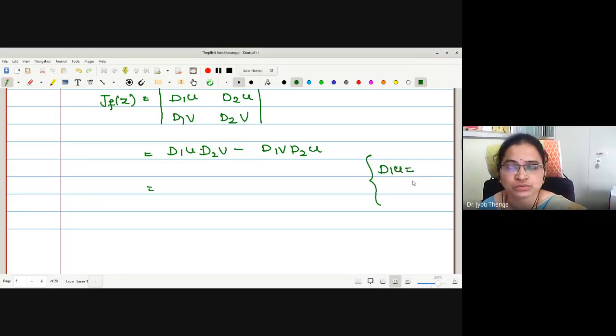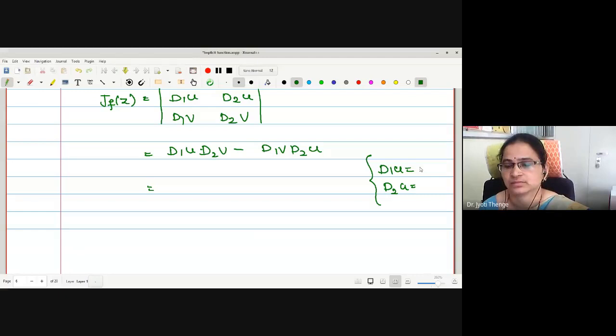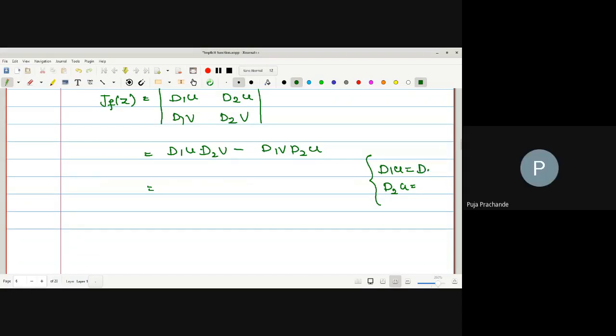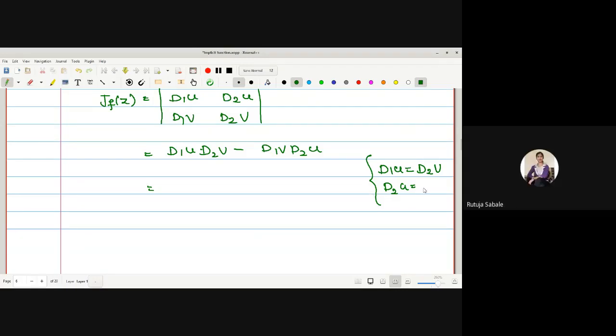d1u is equal to d2v. With ux equal to vy, in this notation d1u is equal to d2v. Good. And the second equation, uy equal to minus vx, is d2u equal to minus d1v.